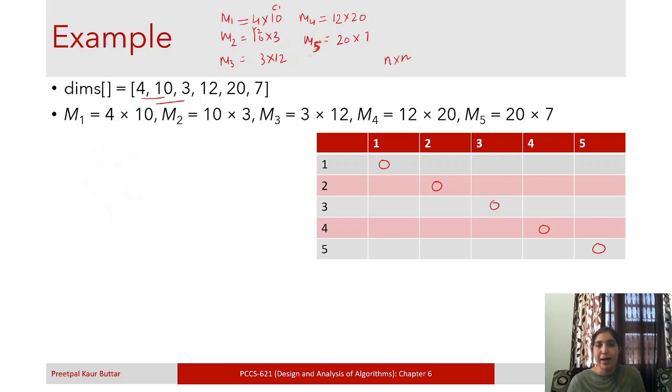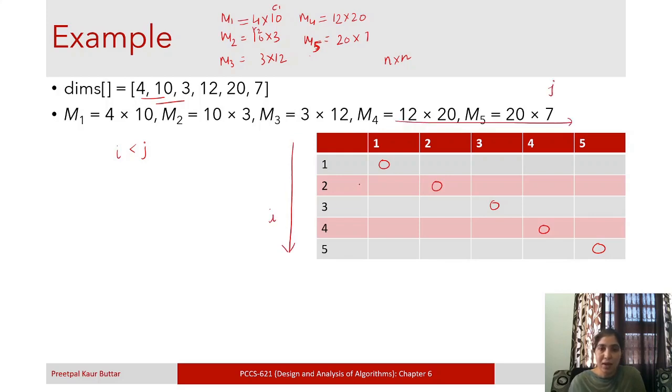One more thing I talked about in the previous slide is that we perform multiplication only when i is less than j. We do not perform any multiplication when i is greater than j. Here it is i and here it is j.